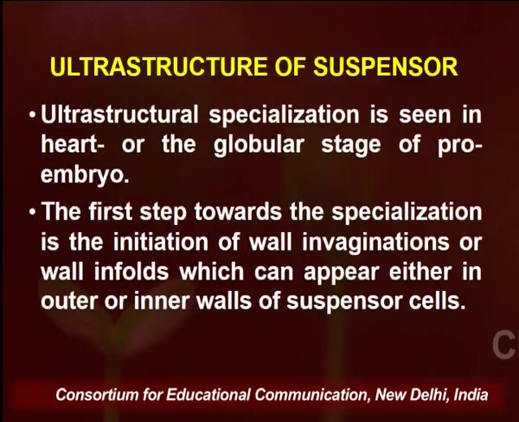Now, what is the ultrastructure of a suspensor? Ultrastructural specialization is seen in either the heart or the globular stage of the pro-embryo, and the first step towards the specialization is the initiation of wall invaginations or wall infolds, which can appear either in outer or inner walls of the suspensor cells.